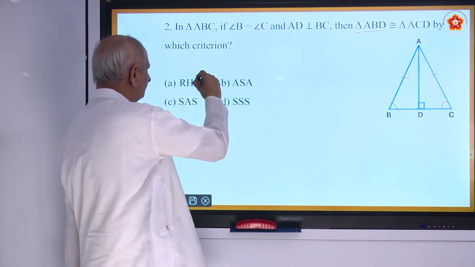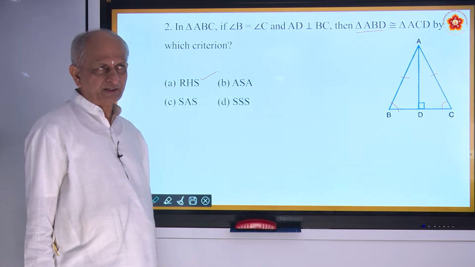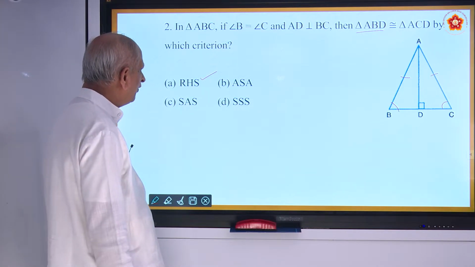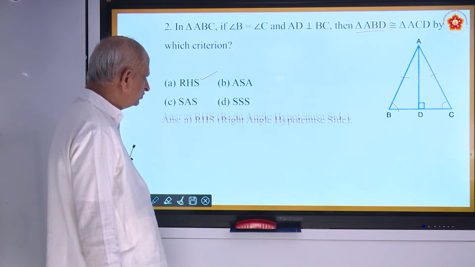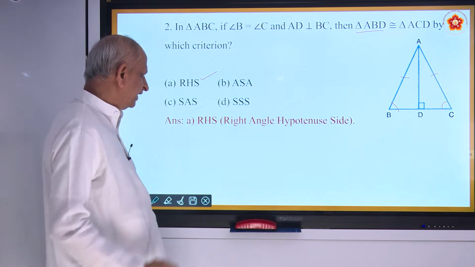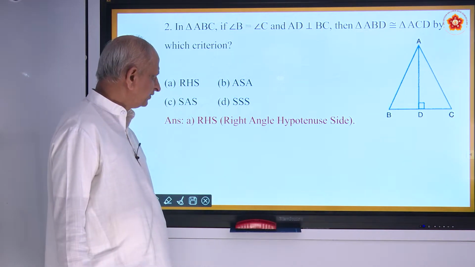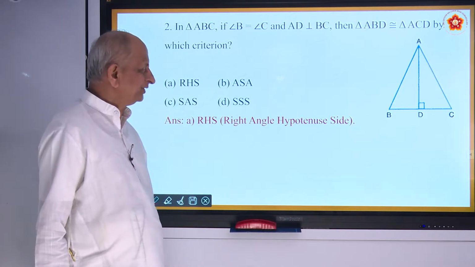So we can say in a right angle triangle, hypotenuse and one side of one triangle is equal to hypotenuse and corresponding side of the other. That is called RHS. So RHS is the correct answer. Okay. Just a recall question.